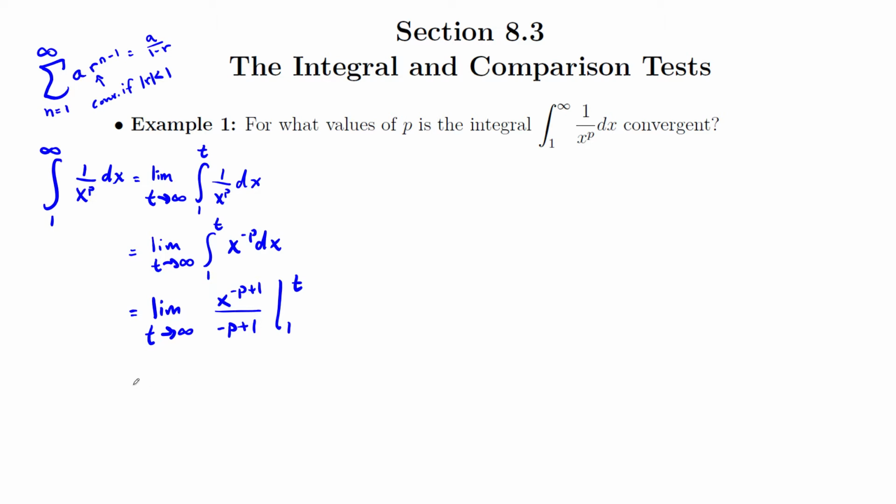All right, so this gives me the limit as t goes to infinity of t to the negative p plus 1 divided by negative p plus 1, minus 1 to the negative p plus 1 over negative p plus 1.